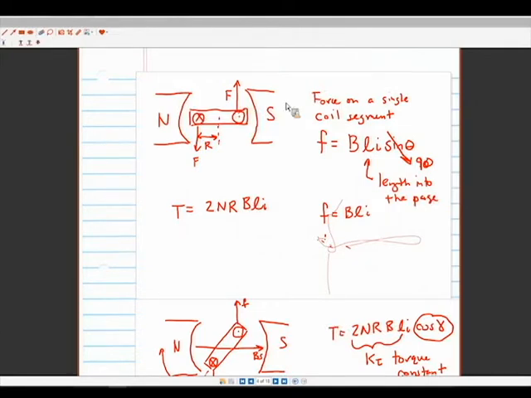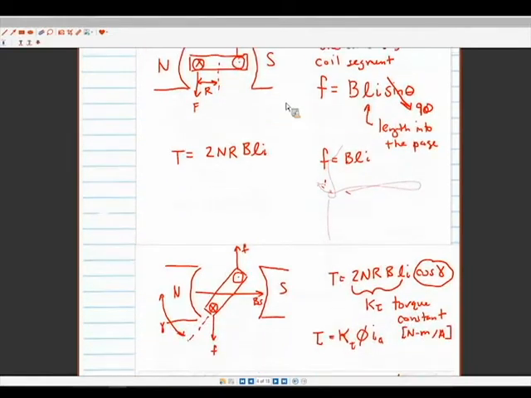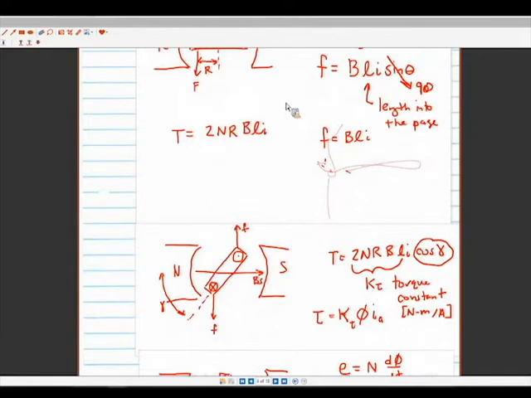So is phi then equal to cosine of gamma? Well, gamma is usually around 0.